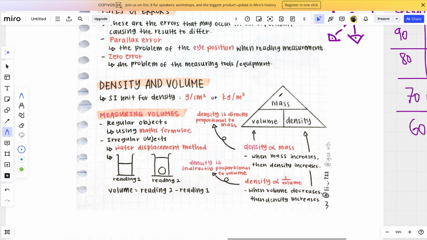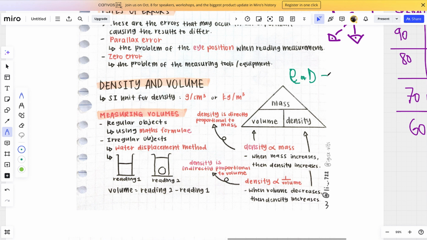Density is simply mass over volume. I will use D, although it has a symbol like rho. This symbol is not E, it looks like E, but it's an elongated E.